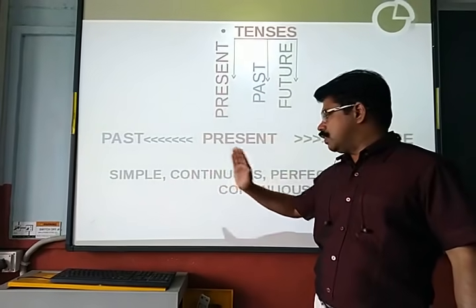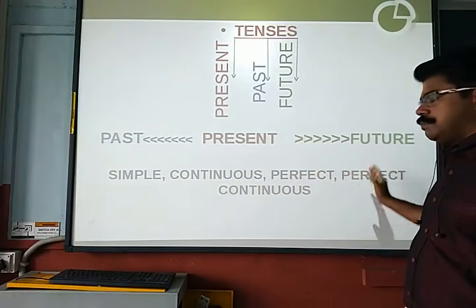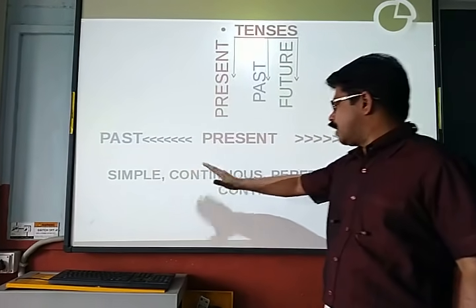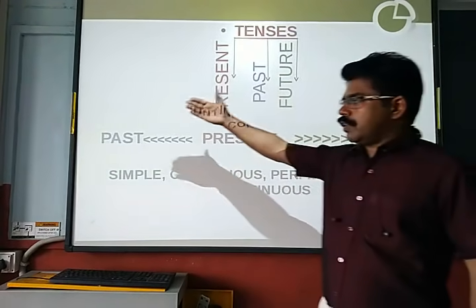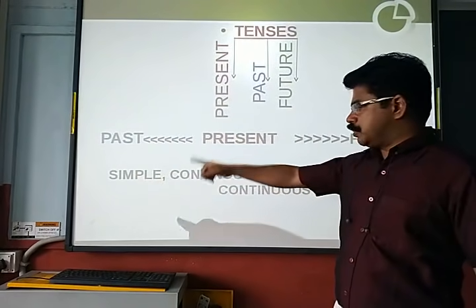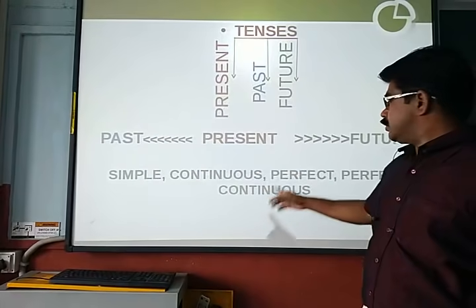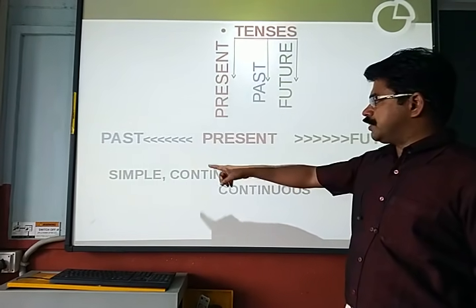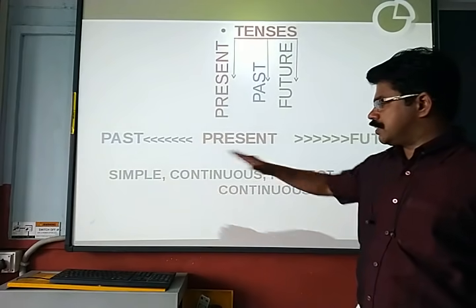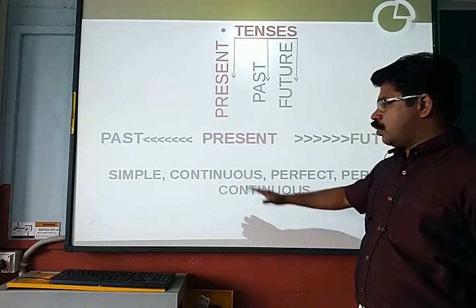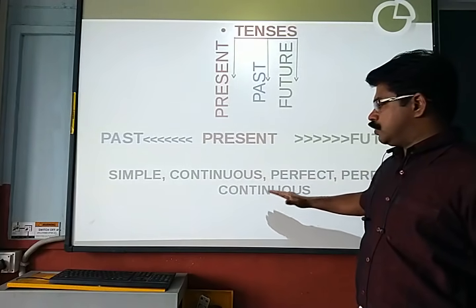Simple, continuous, perfect, perfect continuous. In past tense we have all these four. Present tense also has all these four divisions, and in future as well. So in all the tenses we have four subdivisions or different types of tenses.